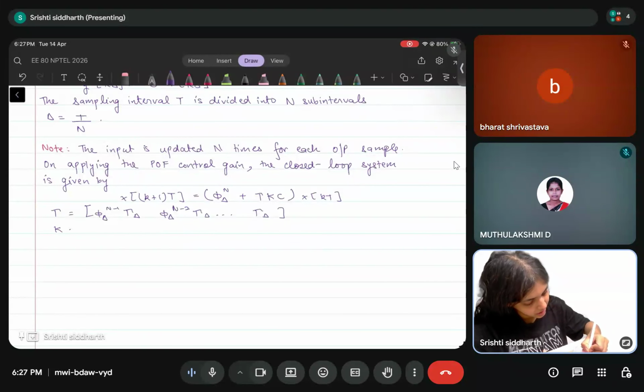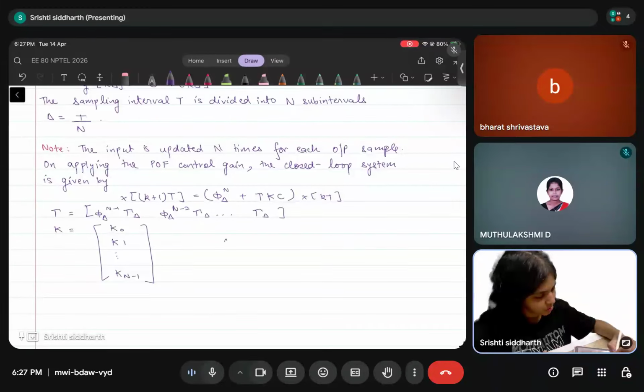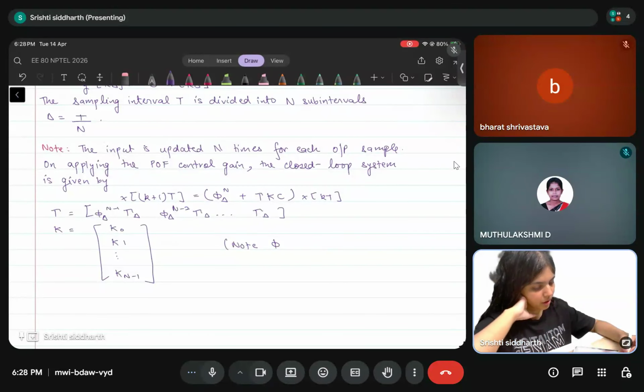And the gain K is K0, K1 till K n minus 1. So note that if you do this n times, phi delta to the power n is actually phi of T, because T is delta n.